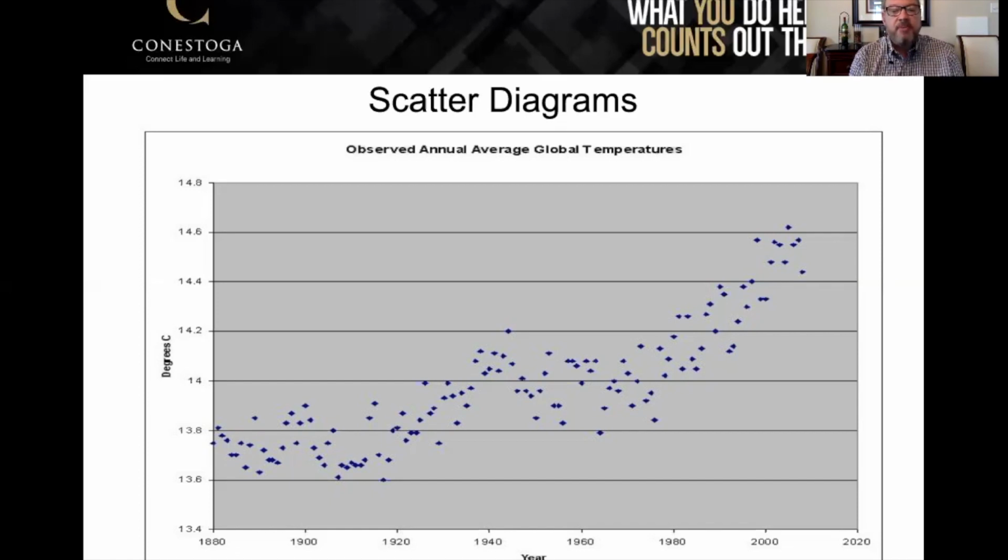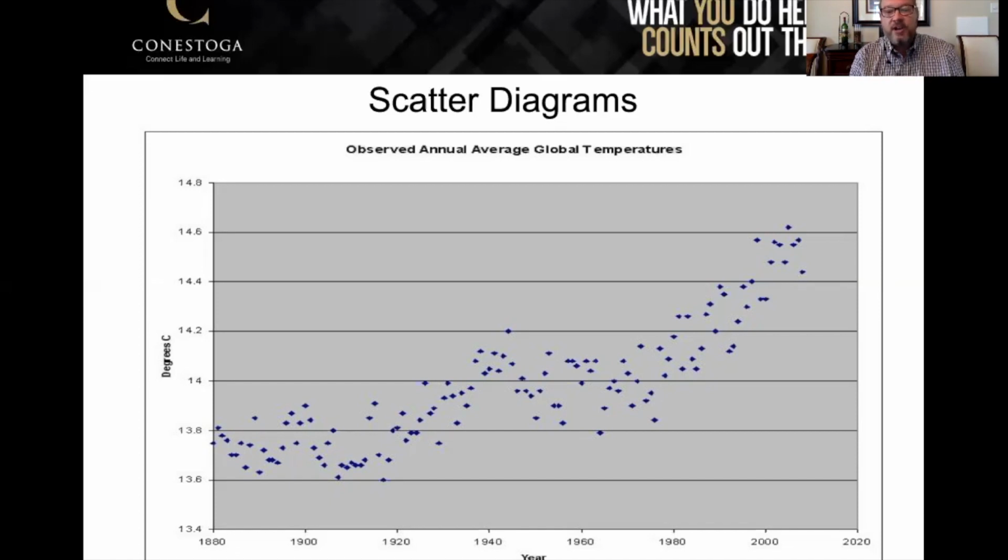Once you get past about 1910-ish, certainly into 1920, one of the things that happens between 1920 and 1940 is that the pattern gets tighter. So you notice the points get closer together. There's a higher correlation between them. And there starts to be an upward pattern to it. So in other words, as time is going on, the temperature is going up.